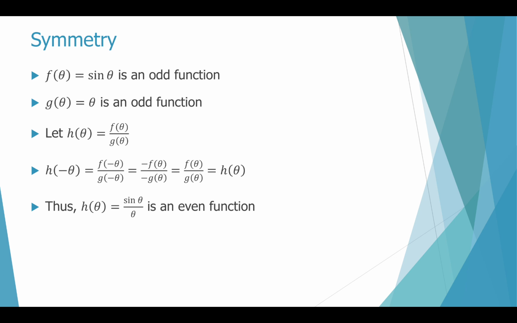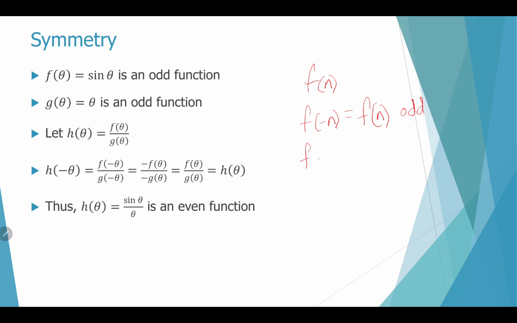So an even function, let's see. So if I have f of n and I want to check it, doesn't really matter what it is, if f of negative n equals f of n, then it's odd.